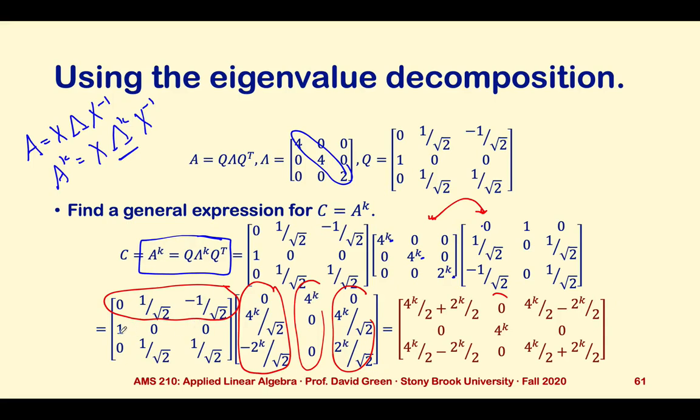For the middle row, we have 0 plus 0 plus 0, so 0. Then 1 times 4 to the k plus 0 is 4 to the k, and 0 plus 0 plus 0, another 0.